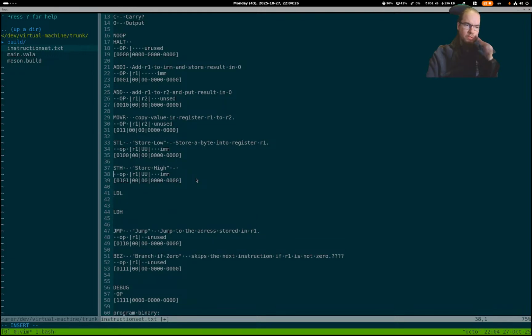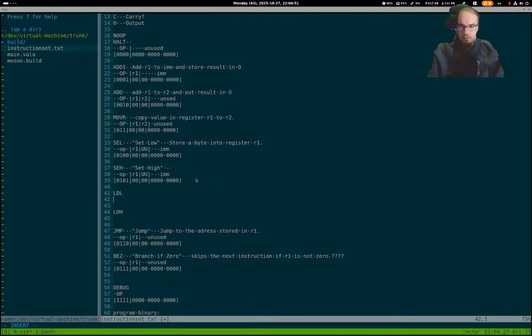No, store and load, that's wrong. Set low, set high. So first we store the value.